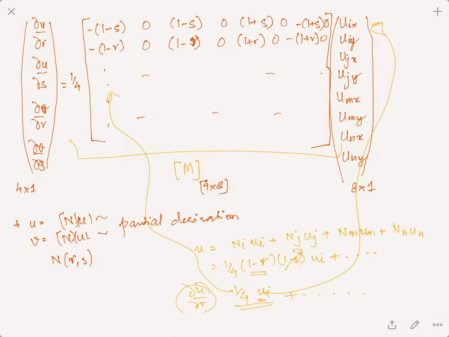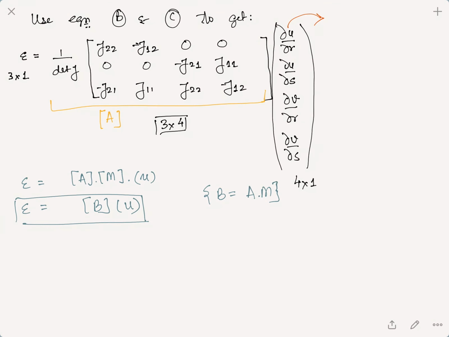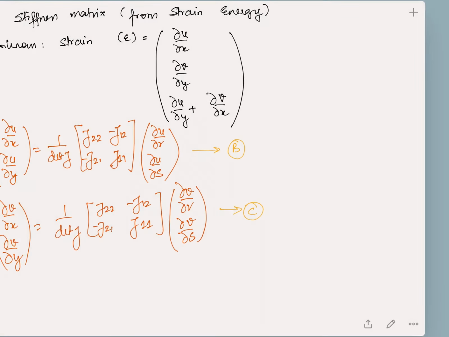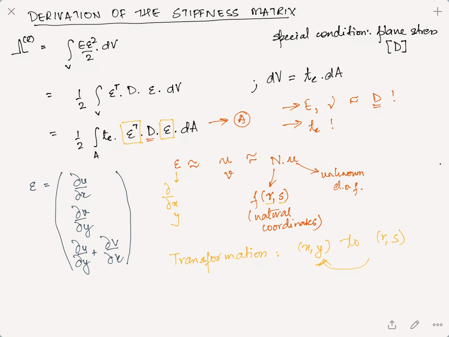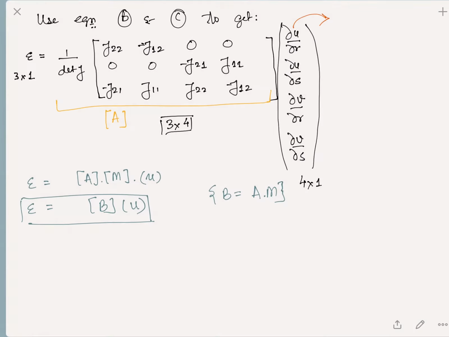Now, once we have derived this particular relation as epsilon is equal to Bu, we will get back to our strain energy definition, which we stopped at with equation A right here. So let's go back to the end of these slides.